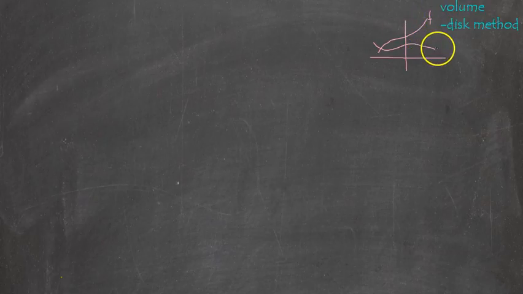So if I have two functions, f and g, and an interval x1 to x2, I can calculate the area of this oddly shaped object using calculus. Well, it's not a giant leap then to imagine I might be able to use calculus to find the volume of oddly shaped objects, and in fact, I can.